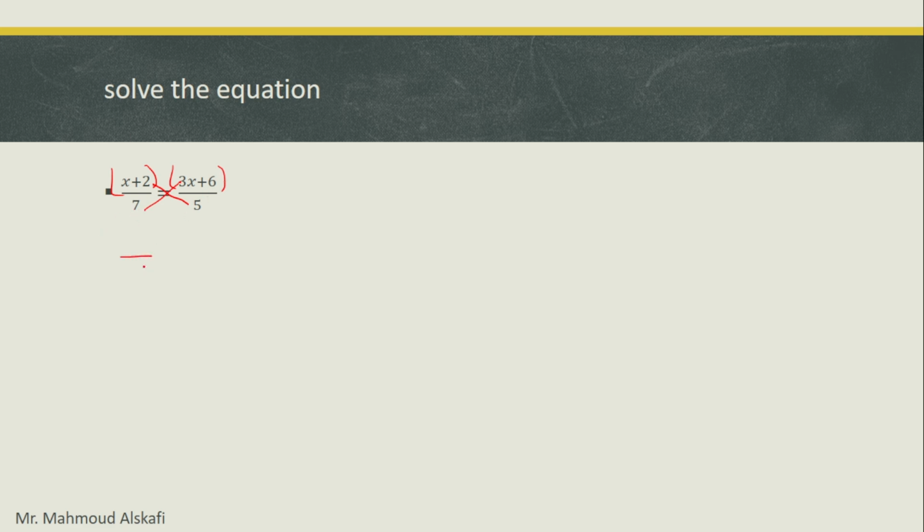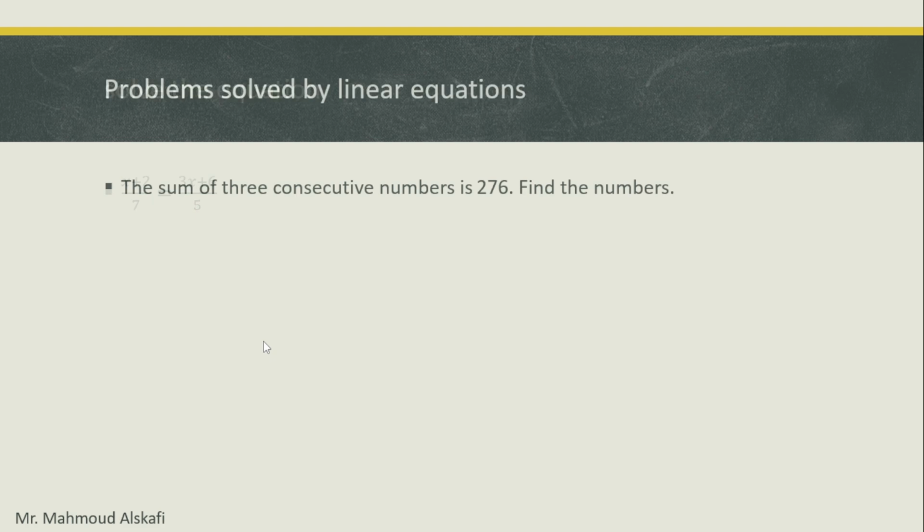So that gives me 7 times 3x plus 6 equals 5x plus 2. So in this case, you need to expand the left-hand side and the right-hand side, collect x on one side, and complete your solution.